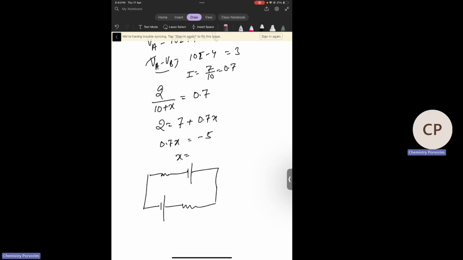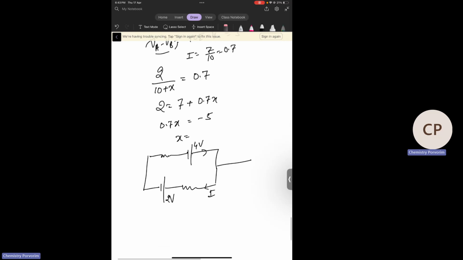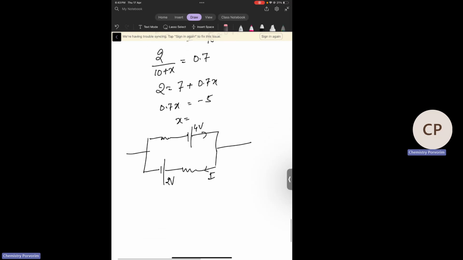in this circuit current is flowing in this direction. This is 4 volt, this is 2 volt, and current in this loop is I. Then this is X, this is 10.